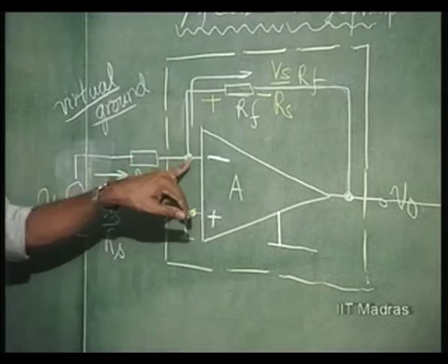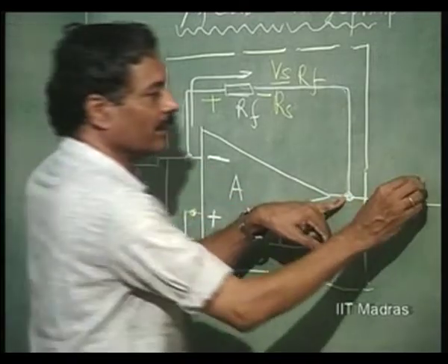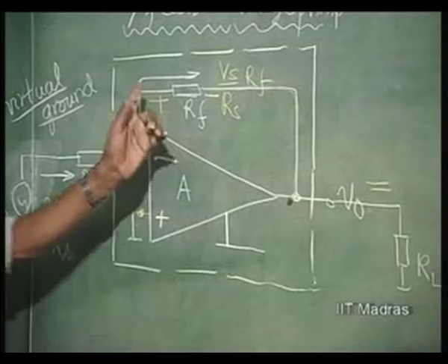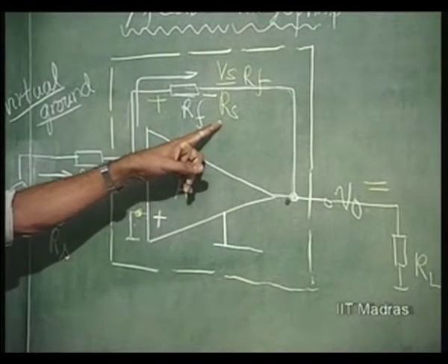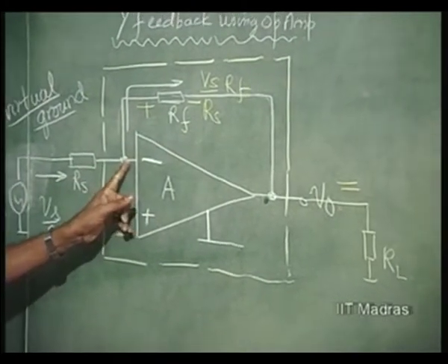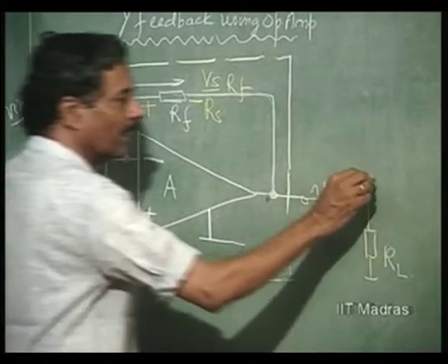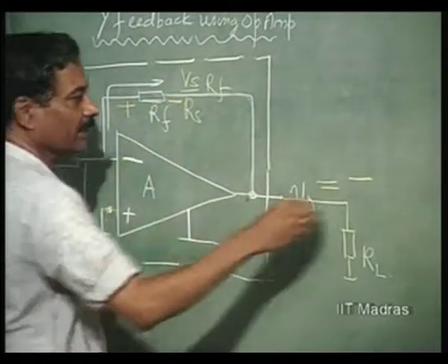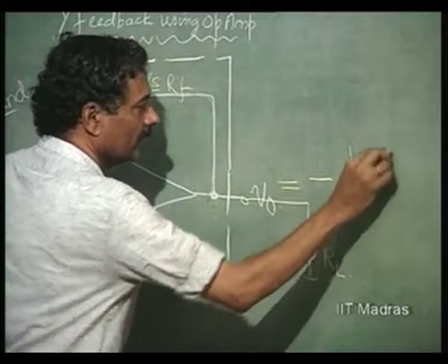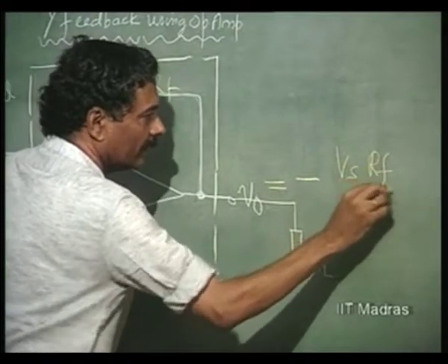So, this is at ground potential and therefore, output potential V naught is nothing but the potential across Rf, because this is at virtual ground.